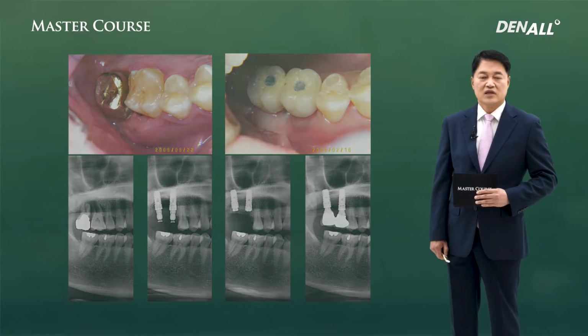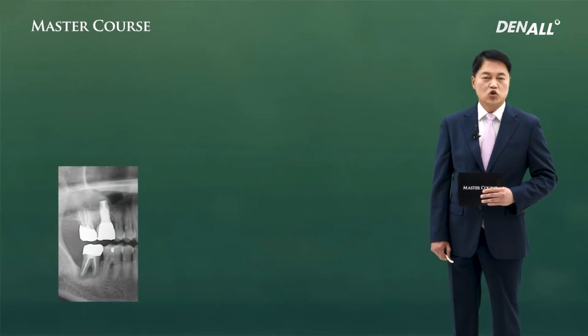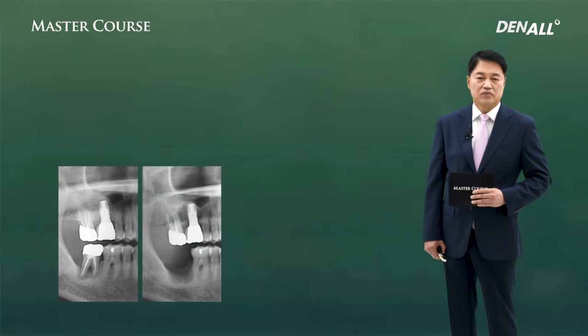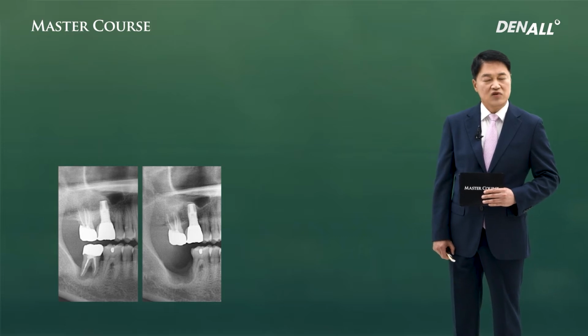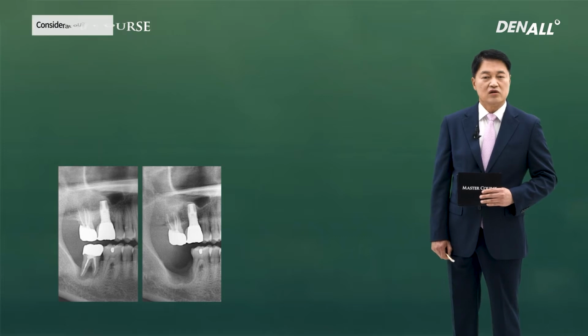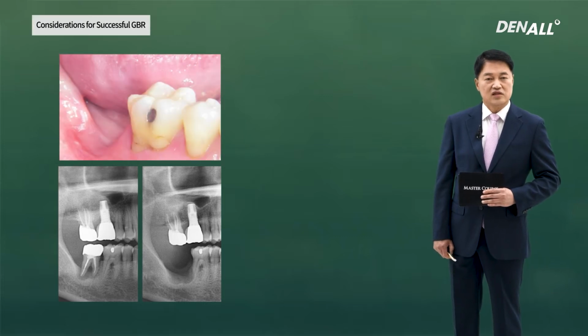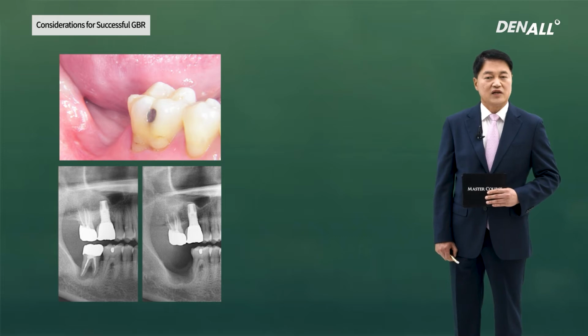In number 47, due to advanced periodontitis, the patient came in for implant. There was a lot of bone resorption, so implant placement seemed difficult. For staged approach, GBR was planned. This is after GBR.